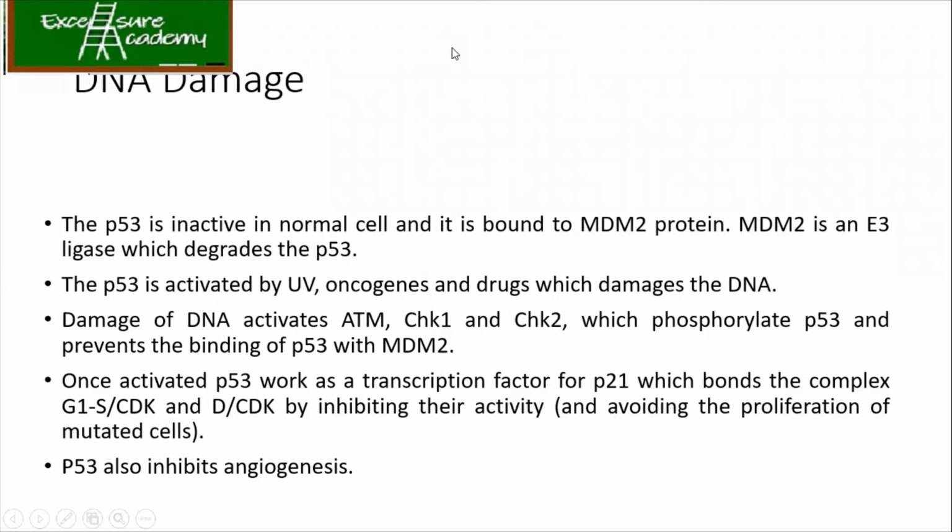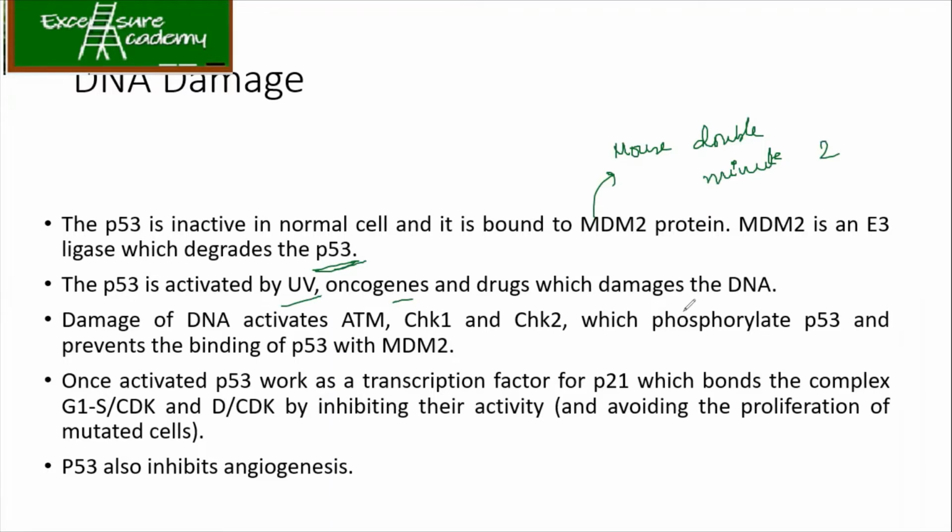I know it's a weird name, but yeah. Just remember that M2 means it is the E3 ligase, which is going to degrade the P53. P53 gets activated by UV or oncogenes or the drugs which are going to damage the DNA.